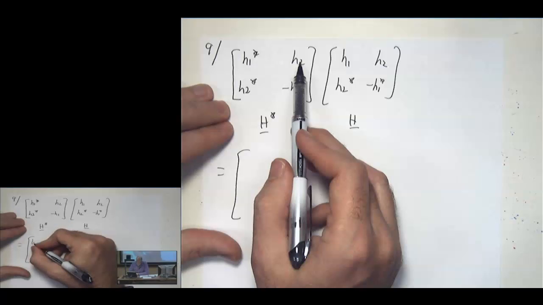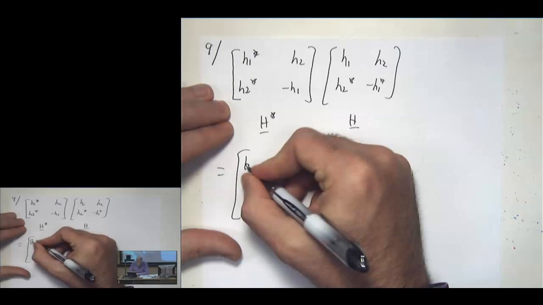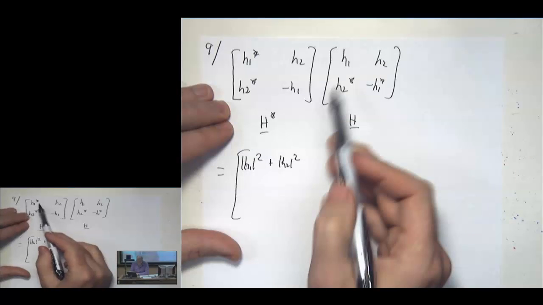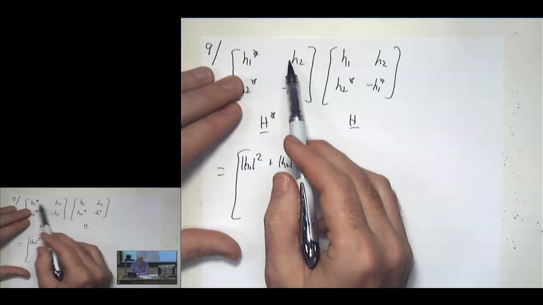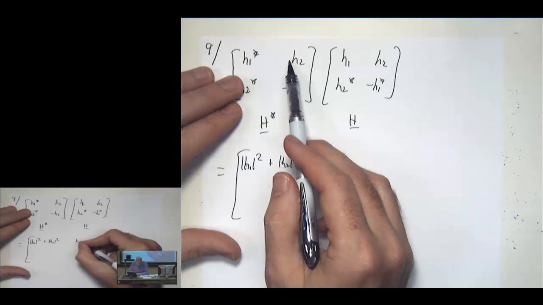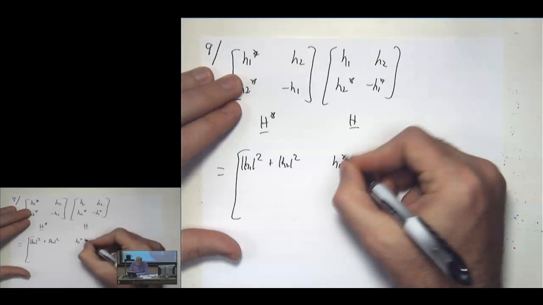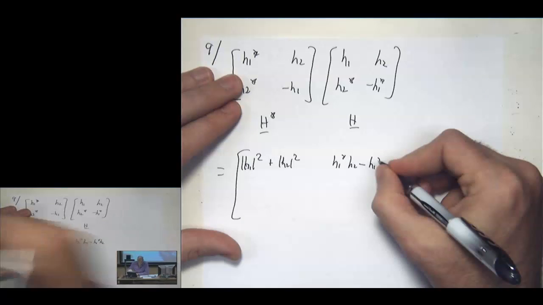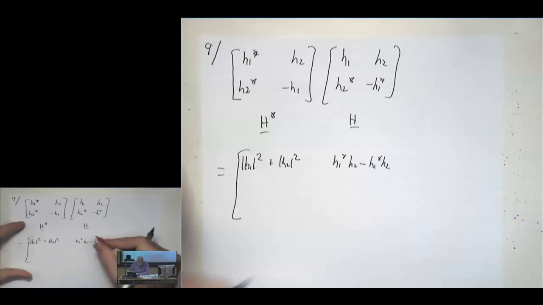So that's going to be equal to h1 magnitude squared plus h2 magnitude squared. Now let's look over here. We get h1 star h2 minus h1 star h2. Cool, so that goes to 0.